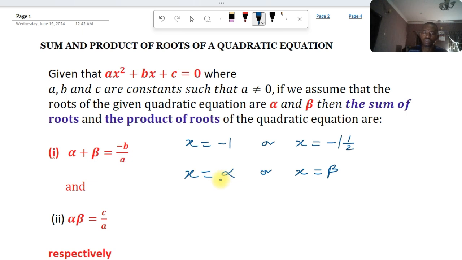Then when you take the product of these answers that you obtain for the value of x, you have c over a. That's what we are trying to say. So let's take an example for more clarification.